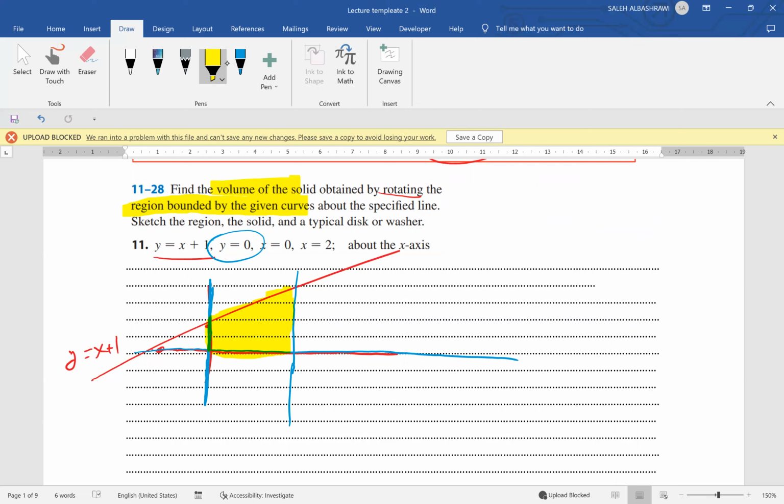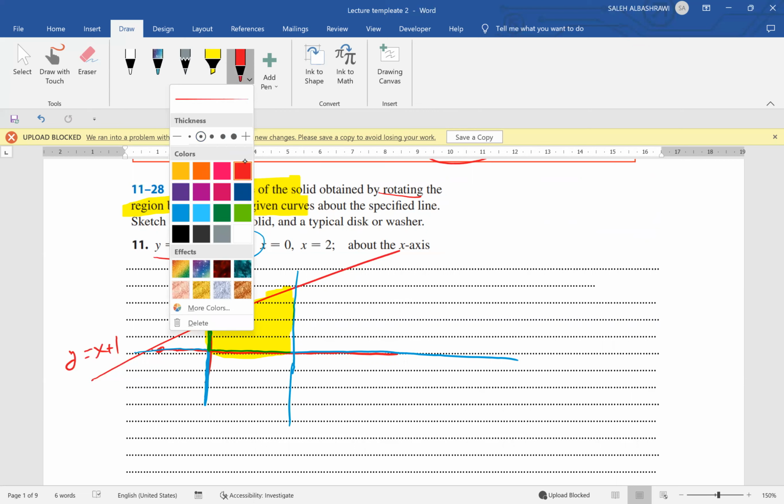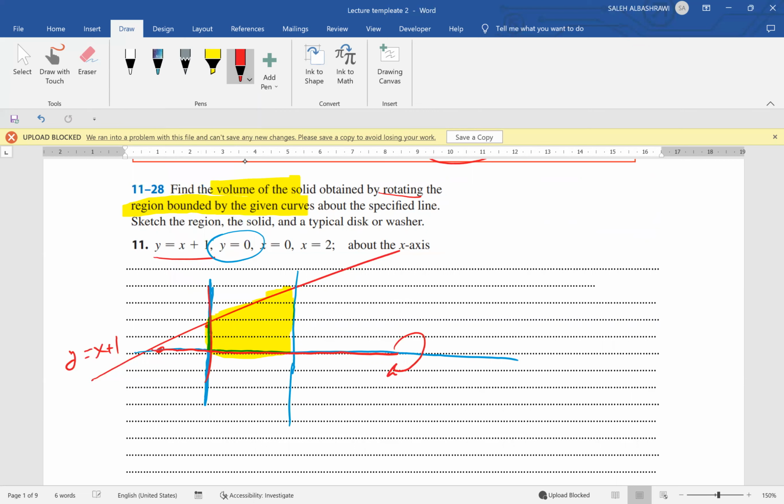Now, if we need to rotate this about the x-axis, we draw a typical rectangle like this one and rotate about the x-axis. So I will have a shape, a disk like this one.